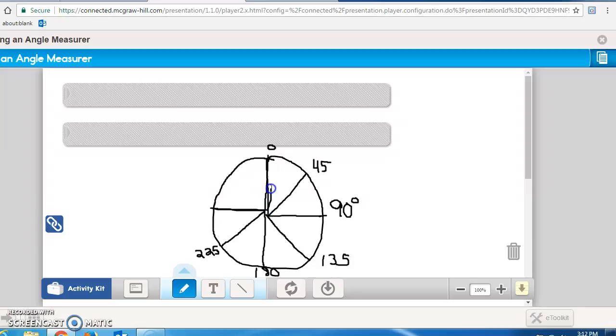Straight from noon to 9 o'clock would be a 270 angle. If you did an about face, started here and went clockwise and turned completely around, this also would be considered 360. And in between 270 and 360 is 315.